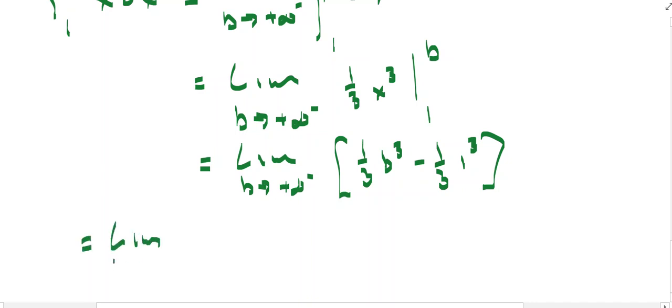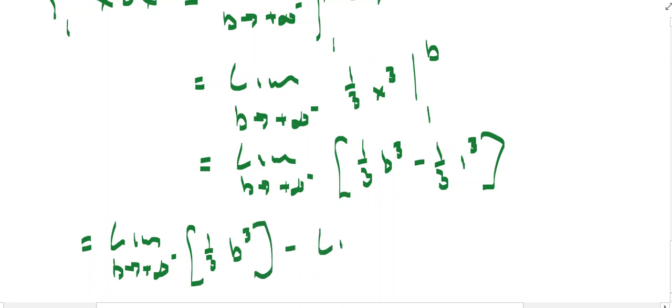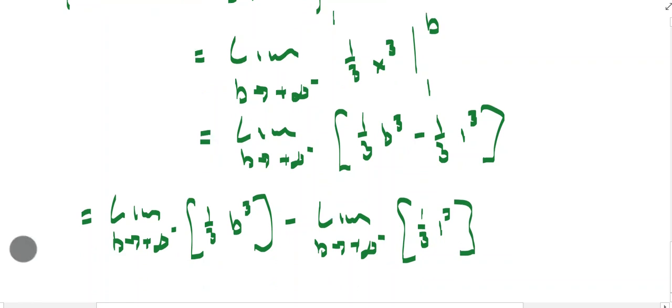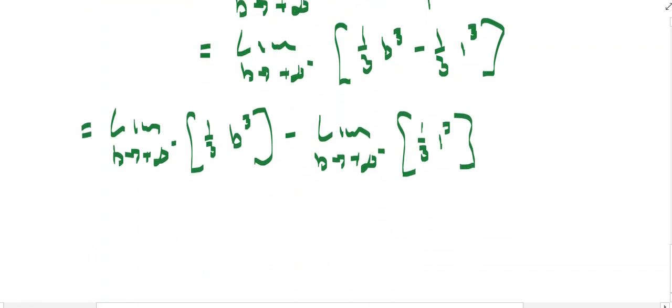So we have the limit as b approaches positive infinity from the left of 1/3 b cubed minus the limit as b approaches positive infinity from the left of 1/3 1 cubed. Now, what are the limits of each of these? Remember, a limit is what is happening as we approach a particular number.